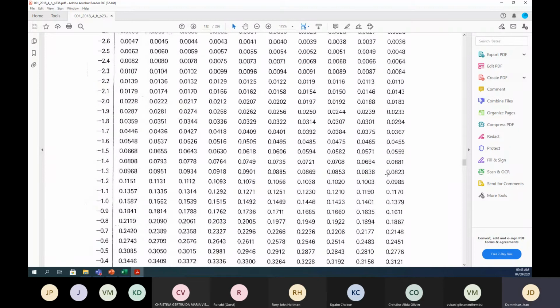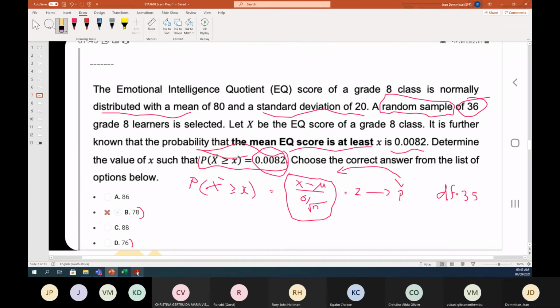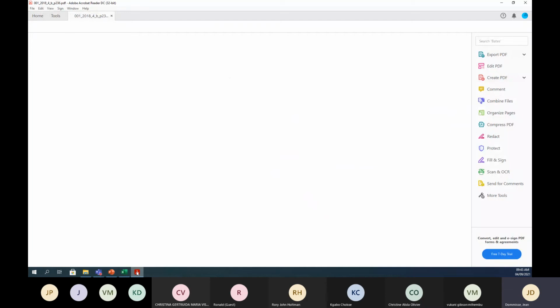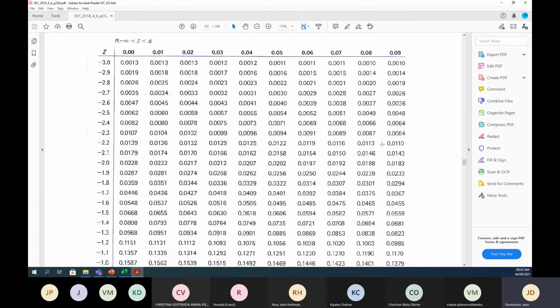So I would have used minus 1.39. Let me check, it was 0.0082, sure.